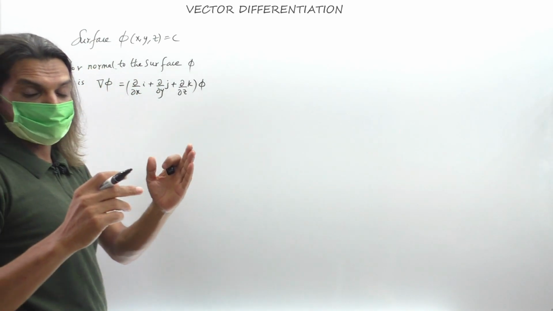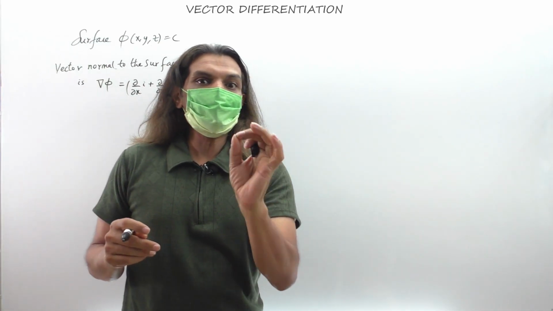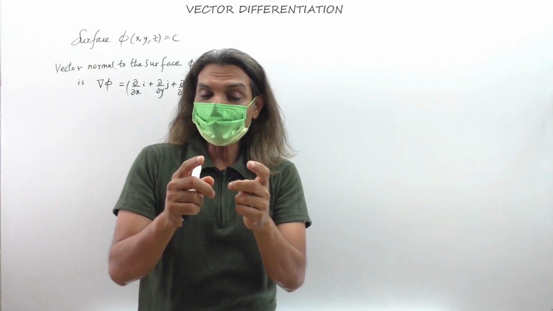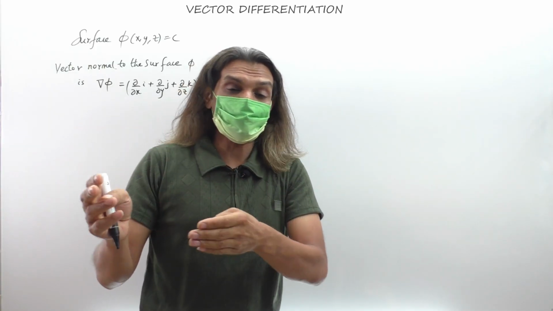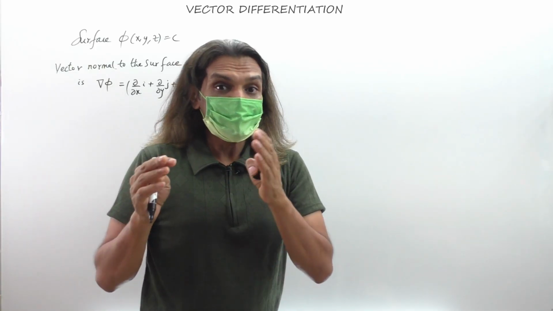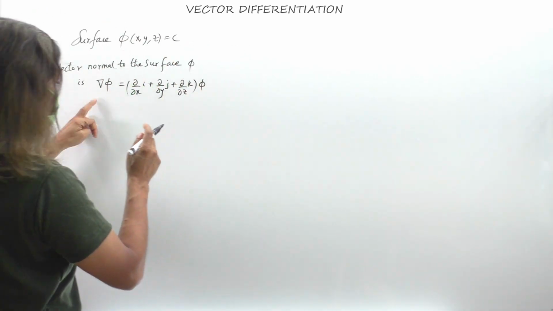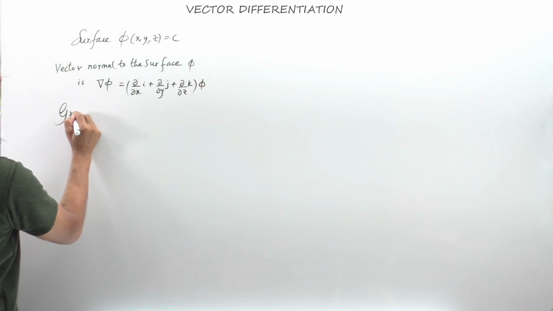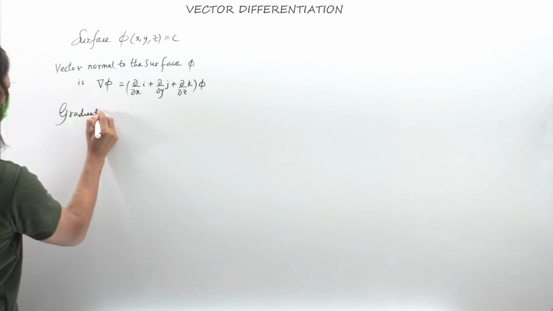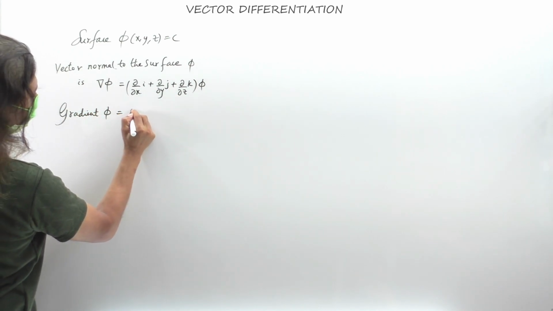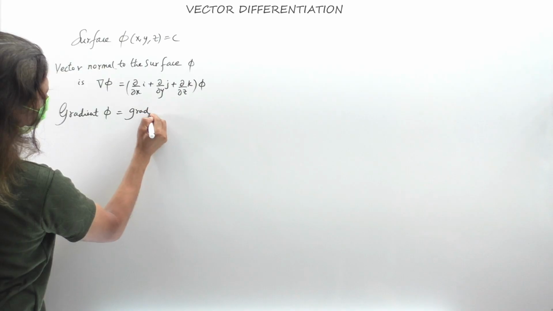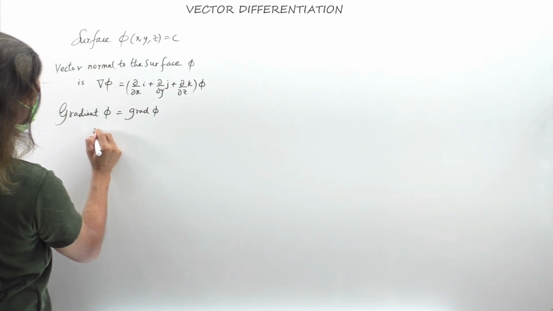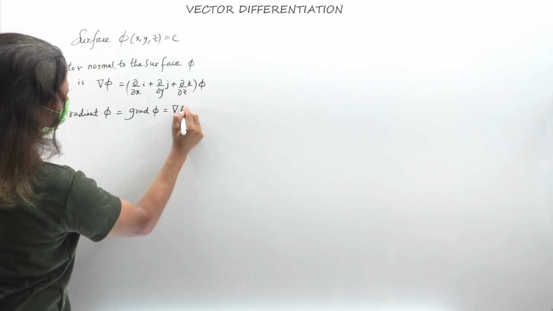Here we discussed our vector, where we had divergence as a dot product, that is the divergence of the vector A, del dot A. Same way for a surface we have the gradient. Del phi is also called the gradient of phi, or grad phi. That is nothing but del phi.